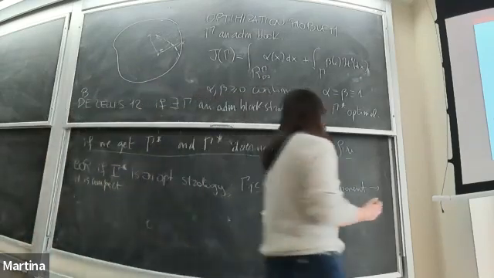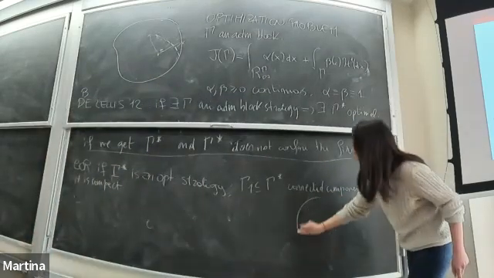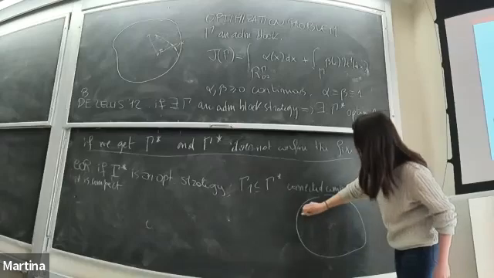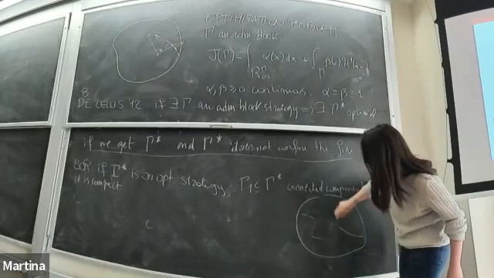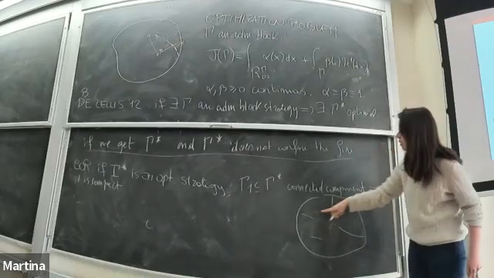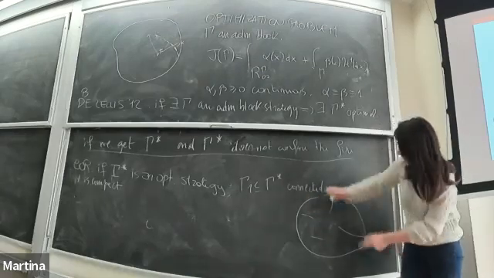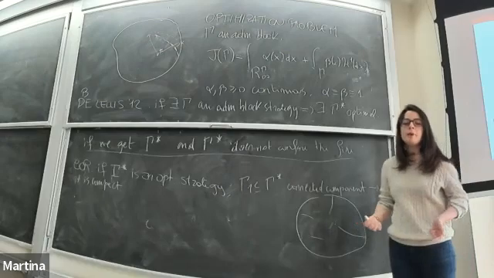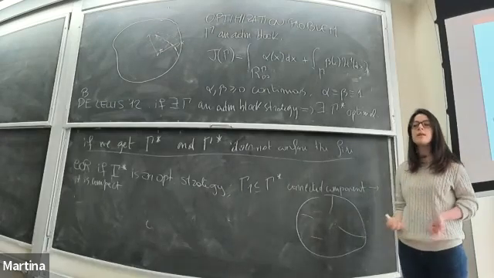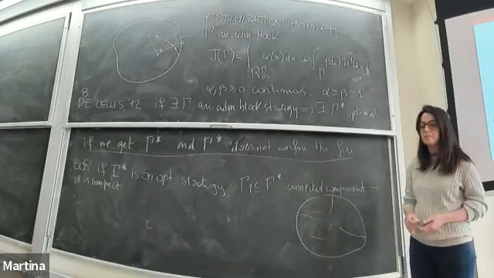So for our optimal strategies, the connected components, so this one, and the other one, the biggest one, are compact. But this is just the regularity that one can obtain with this theory.